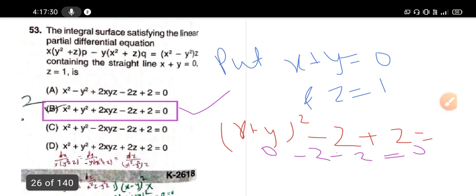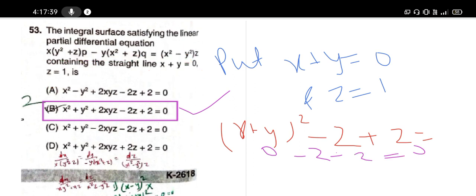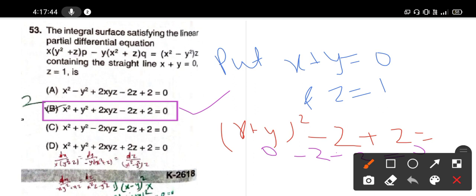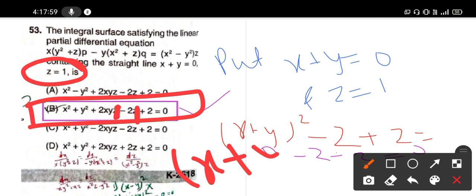The integral surface satisfying the linear PDE, here the equation is given and containing a straight line, that is the condition given: x plus y is equal to 0, z is equal to 1. First of all, check in the options. If I take option B and put z is equal to 1, here z is equal to 1, and here also z is equal to 1, and this is a formula x plus y square.